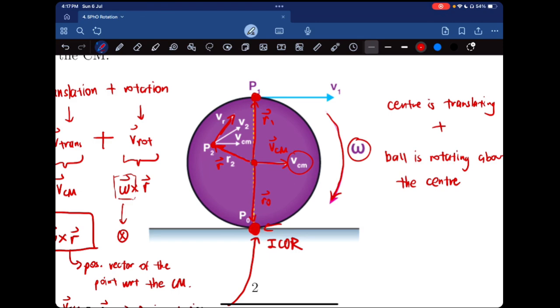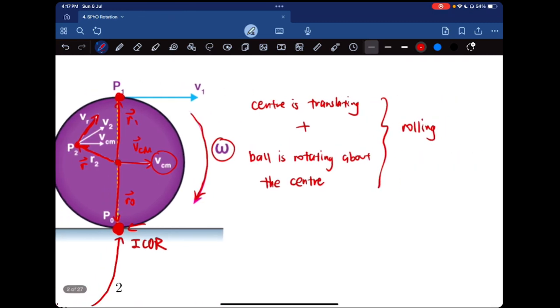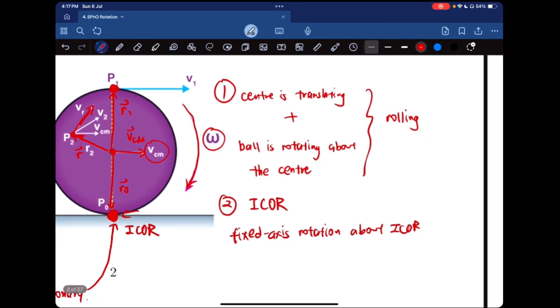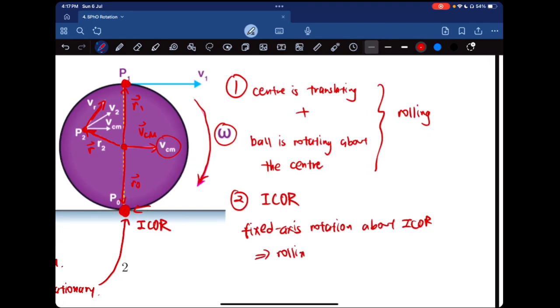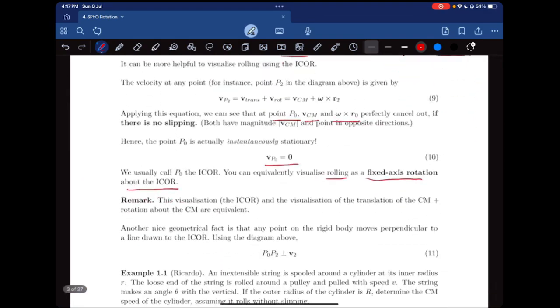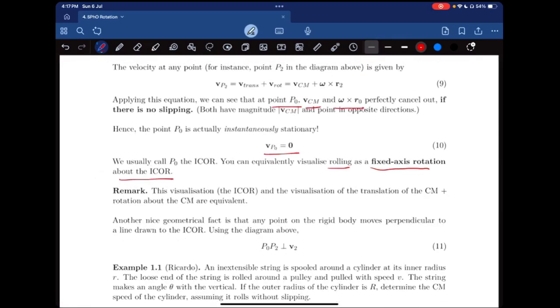You can see here that it produces the same result as if you just treated the rolling as what I mentioned earlier. So an equivalent definition is using fixed axis rotation about the I-core. And yeah, this will also give you rolling. So yeah, the I-core is quite powerful.